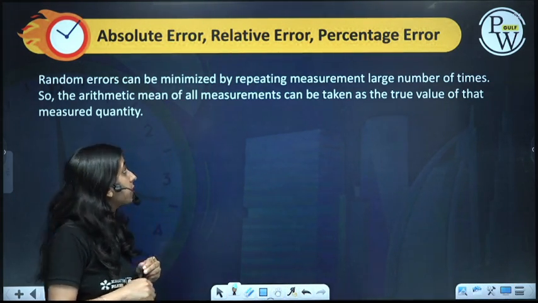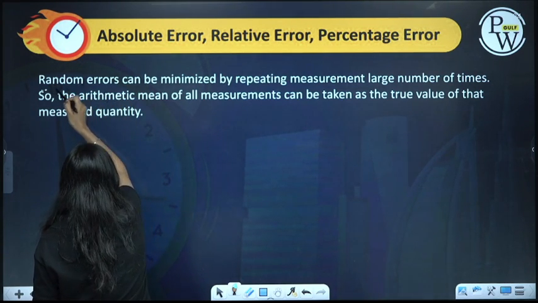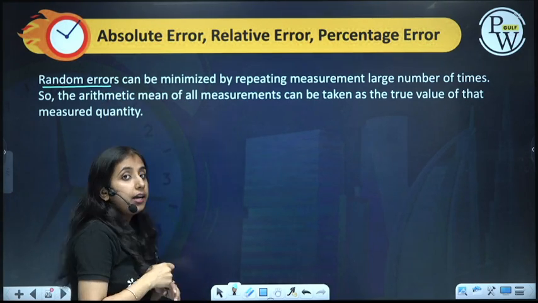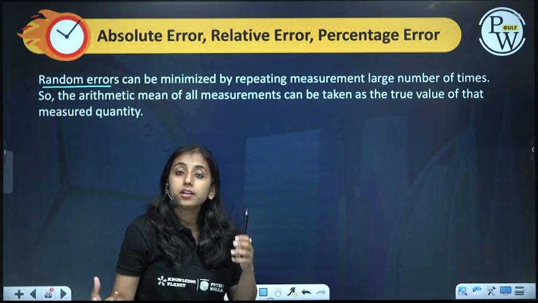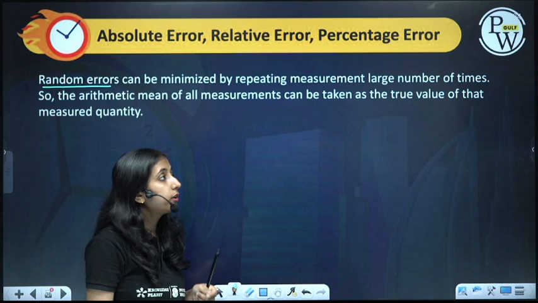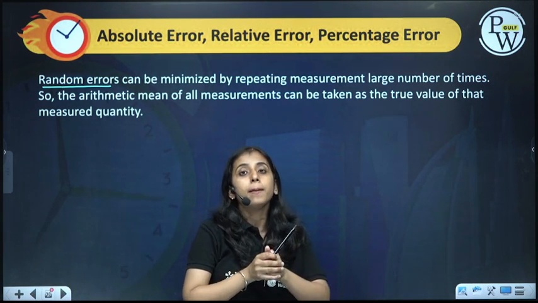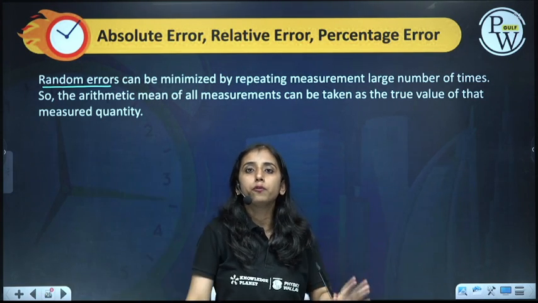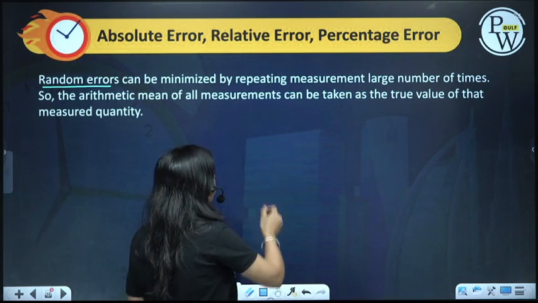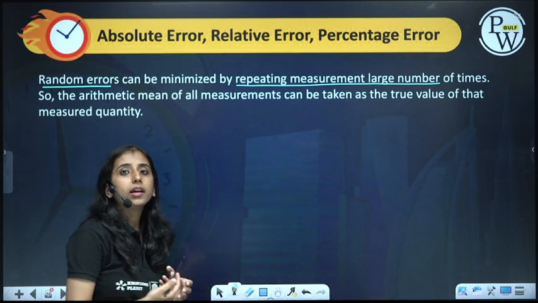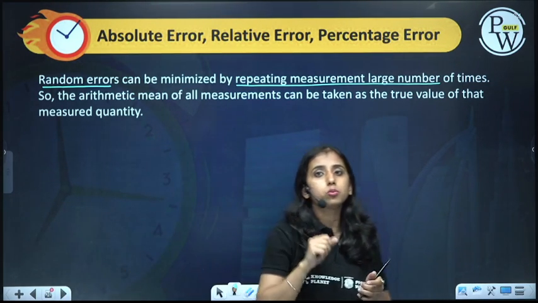Random errors are totally random, random in direction as well as magnitude. How can we minimize them? We can minimize them by doing a large number of repetitions. By repeating the measurement process a large number of times, we can reduce this random error.